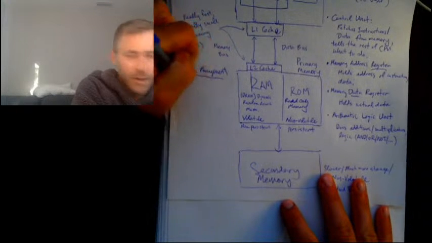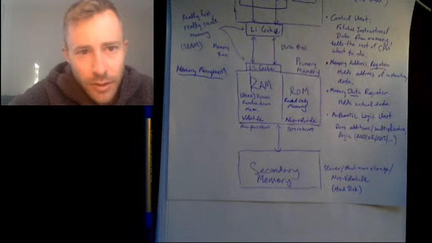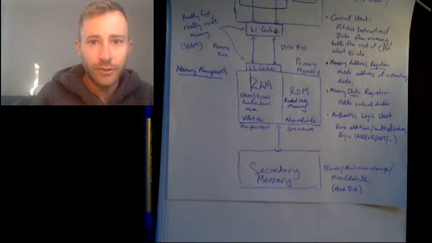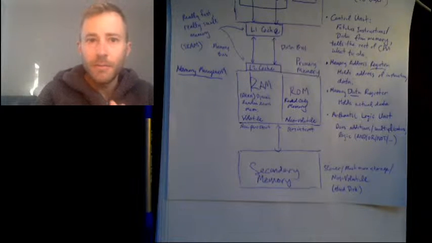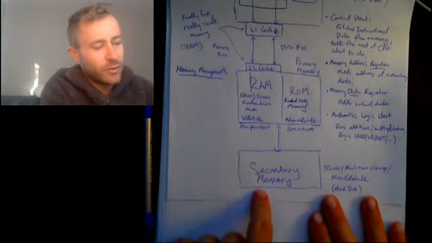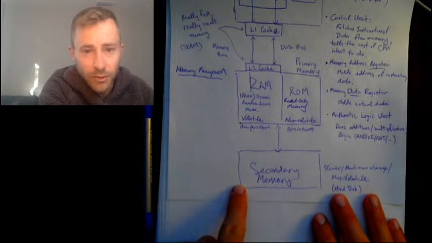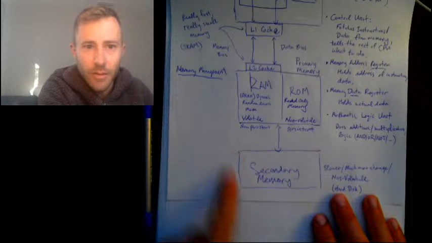Okay, so what is memory management? Basically, your computer is trying to strategize, okay? It doesn't make sense to store information that you're going to be using frequently in the secondary memory.